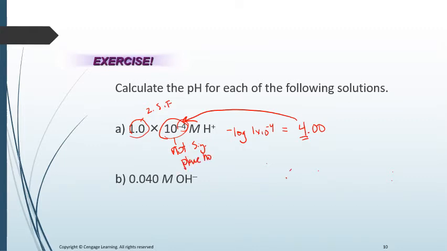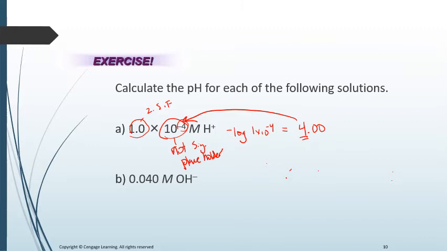So therefore, the only numbers that count are the ones in front. Since this has two significant digits, 1.0, I would have two numbers after the decimal point. It's a little counterintuitive at first, but because we're using numbers in scientific notation, that's what we have to do. So 4.00 would be the correct answer.